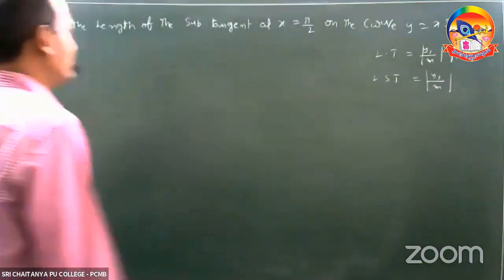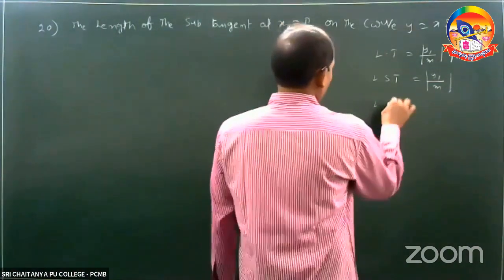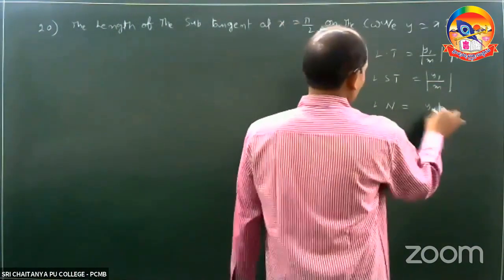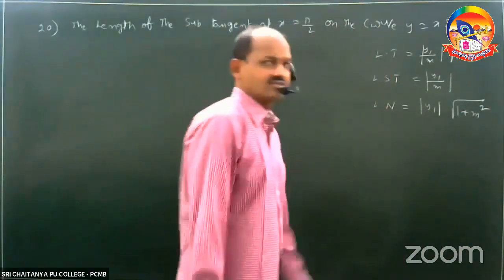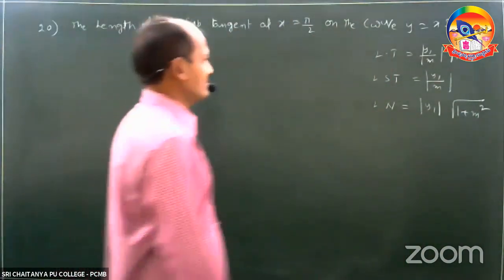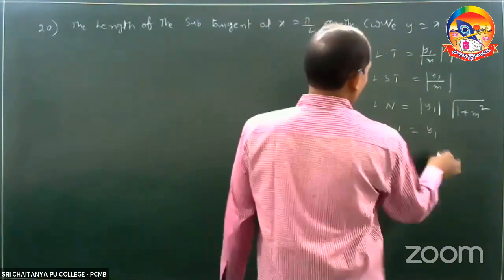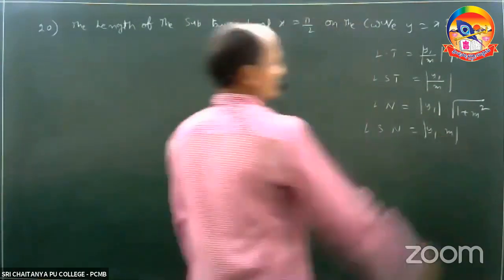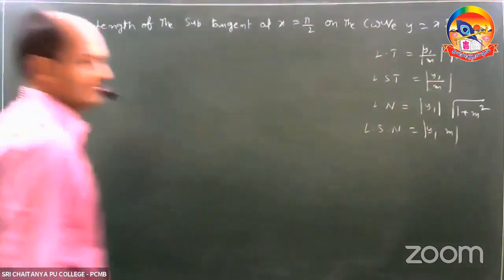Length of normal is modulus of y1 root of 1 plus m square. And length of subnormal is y1 m.